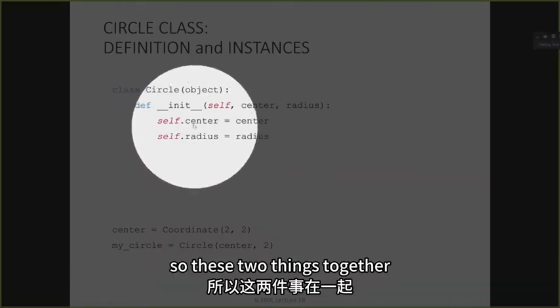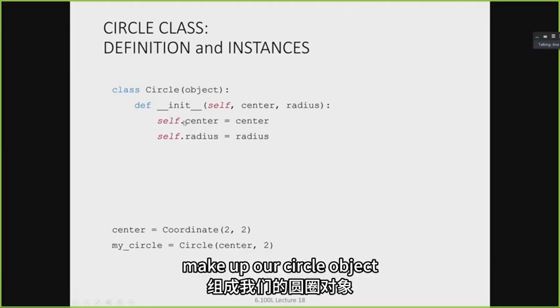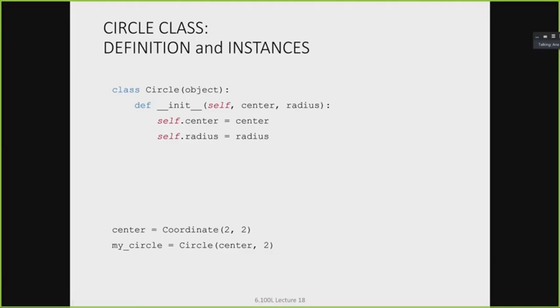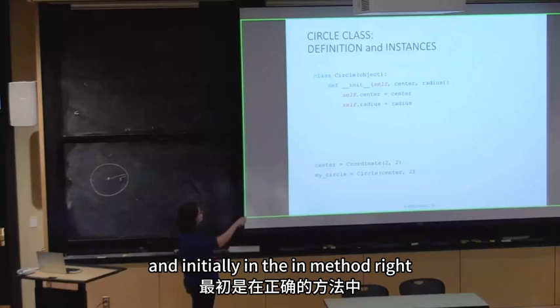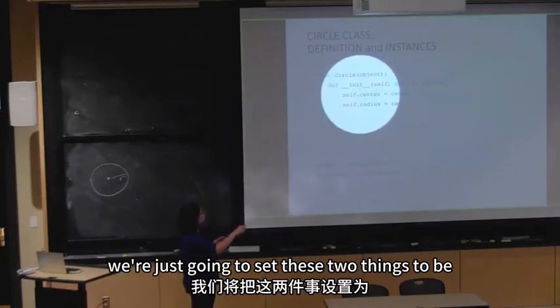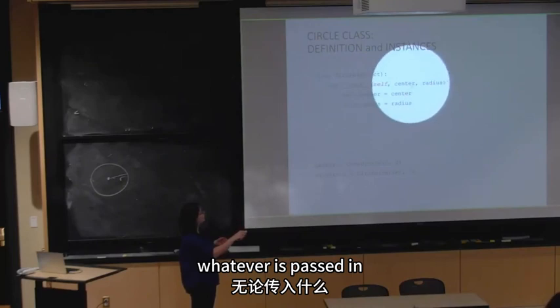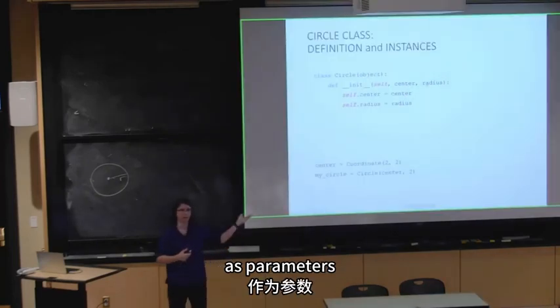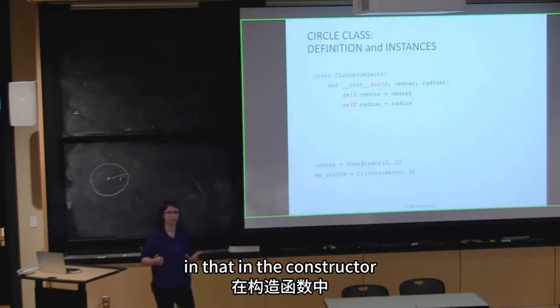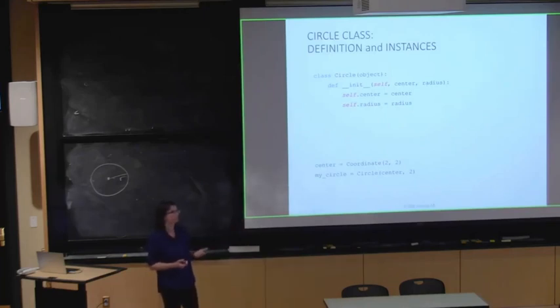These two things together make up our circle object. In the init method, when we construct our object, we just set these two things to be whatever is passed in as parameters in the constructor.